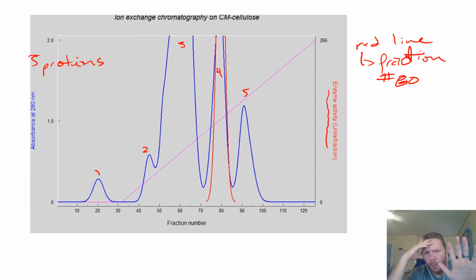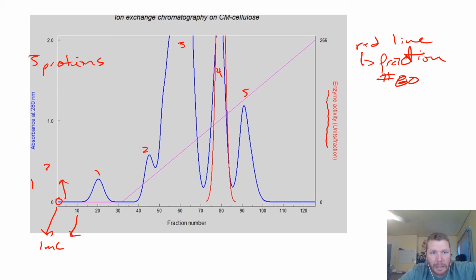Looking at this chromatogram and thinking about all of these fractions, and whenever I say fractions, I do mean like a test tube that holds 1 milliliter, and so the very first fraction is going to hold 1 milliliter right here. Then the second fraction is going to be the second milliliter that comes off of the column, but it's also going to be a 1 milliliter fraction.